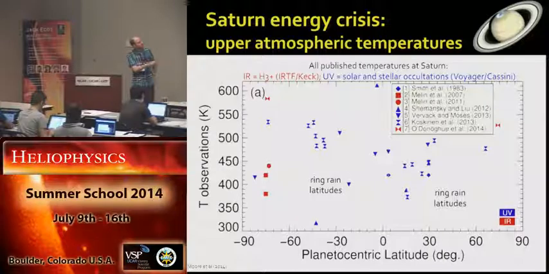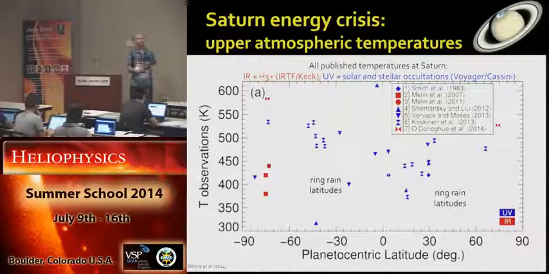Most of these points, you'll notice, come from this reference here, Koskinen et al. 2013. Prior to that, we had no really good idea of what the global structure, the global trend in temperature, was. Even now, we can't say for certain what the trend is. Maybe it's like this, maybe it's more or less constant. But it doesn't matter much.